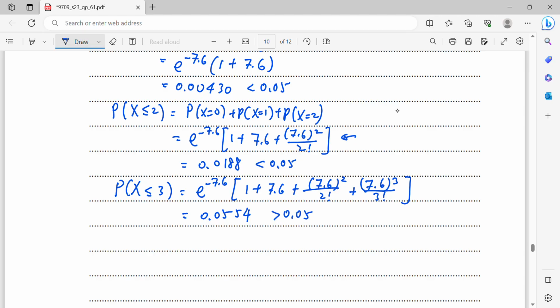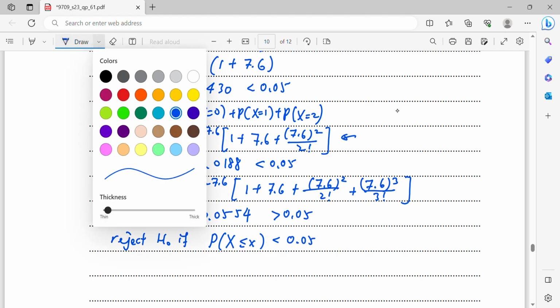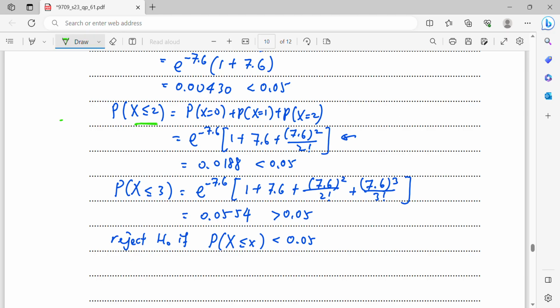So now you will reject the H0 if P(X ≤ x) is less than the alpha value. From here, when x is less than or equal to 2, it is less than 0.05. But if it's less than or equal to 3, it will be greater than that, which means this is no longer the critical region.